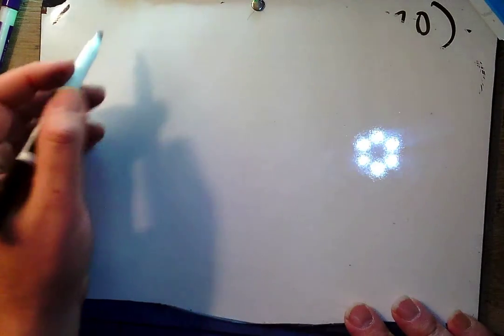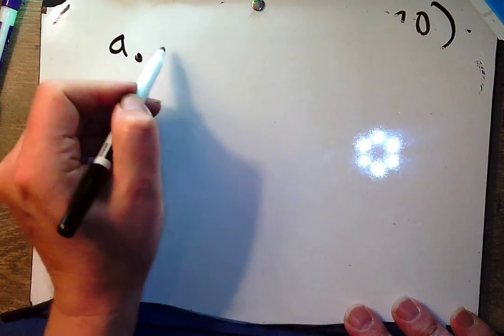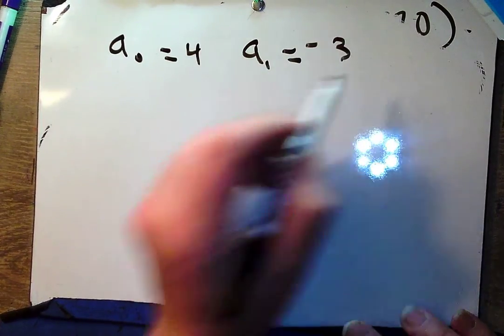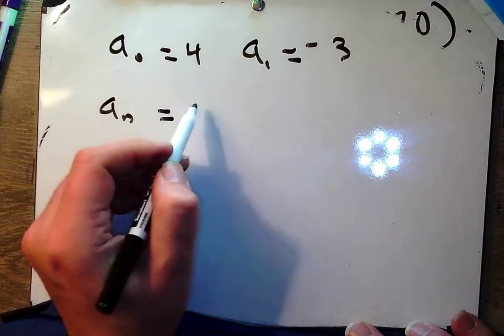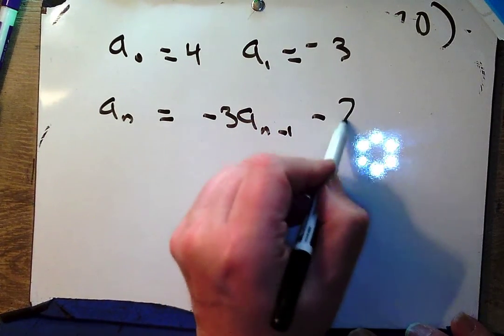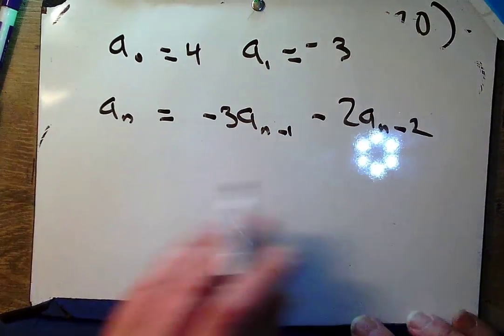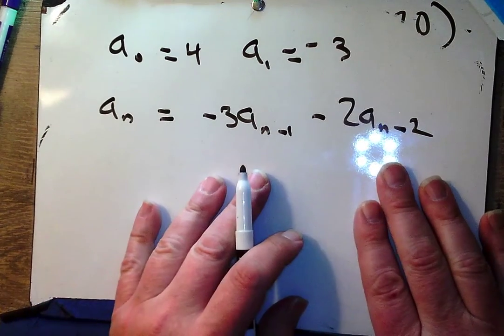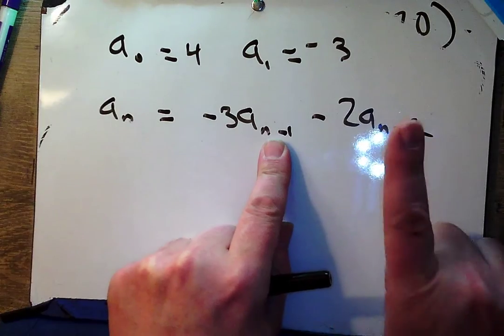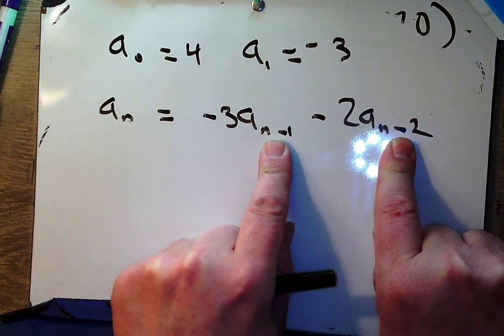Okay, 18, write the first 5 terms in the sequence. A sub 0 equals 4, A sub 1 equals negative 3, and A sub n equals negative 3 A sub n minus 1, minus 2 A sub n minus 2. Okay, so this is a recursive situation where this one depends on the value of the last one and the value of the one before that.